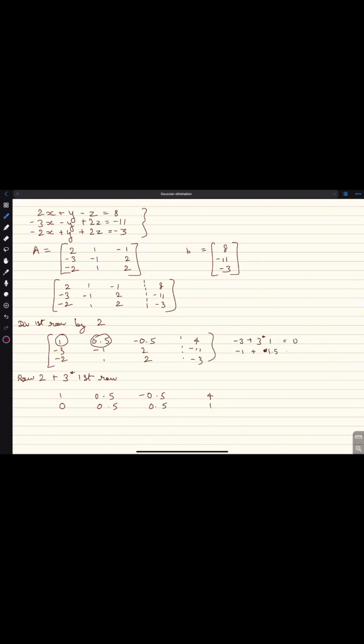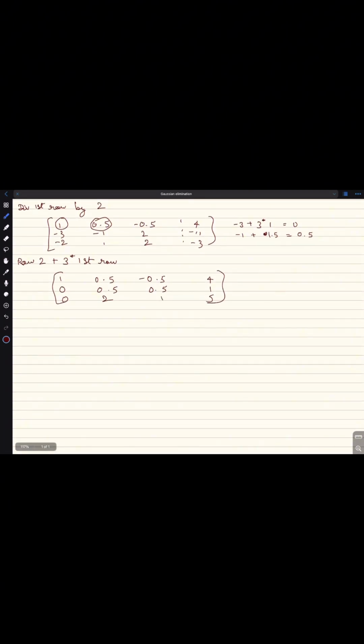That means it's equal to 0.5, and similarly for the other elements. And again, the third row remains the same. This is actually pivot 1, where you multiply 3 with the first row.